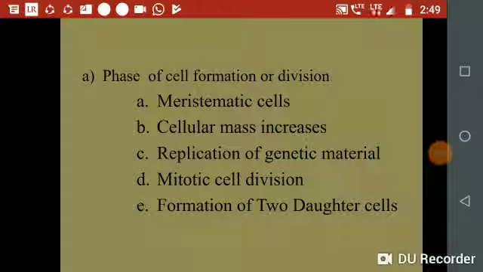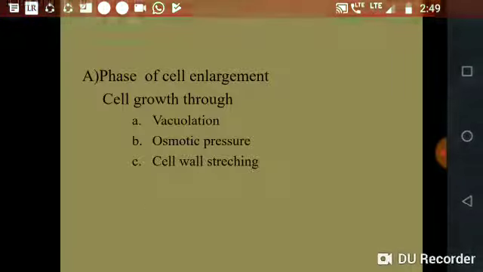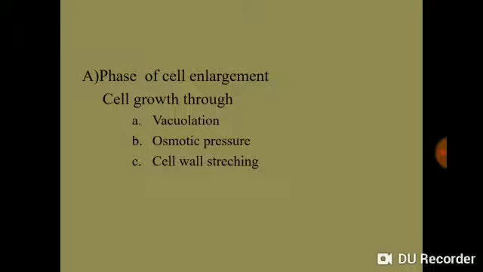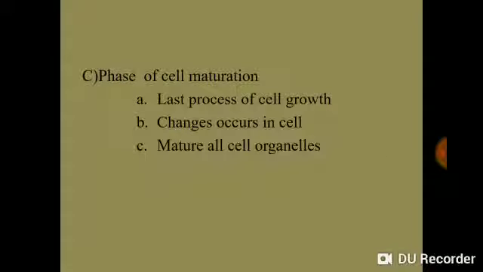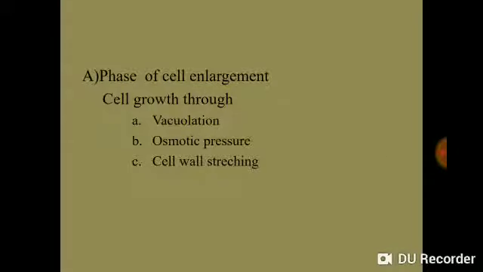Out of these two daughter cells, one remains meristematic and the other undergoes several changes to form a mature cell.